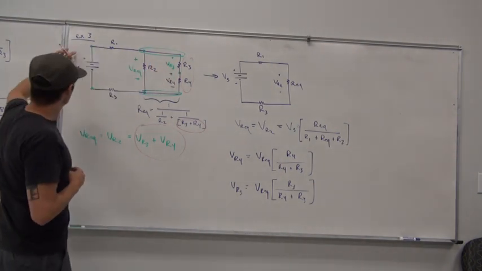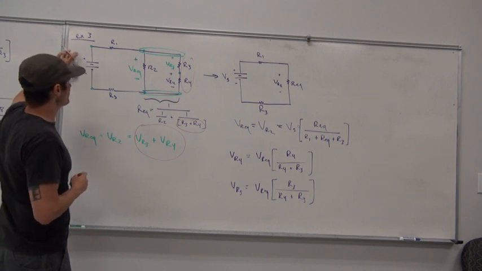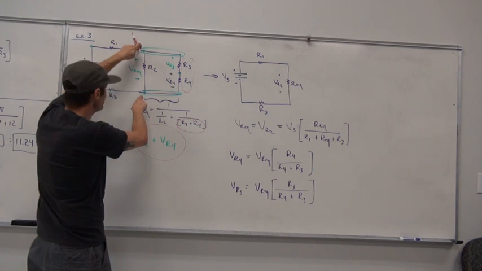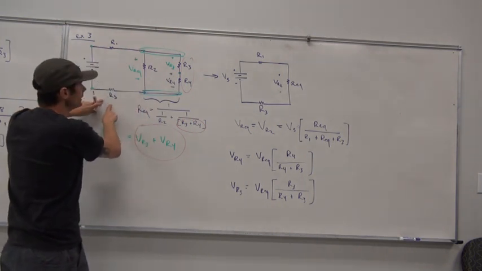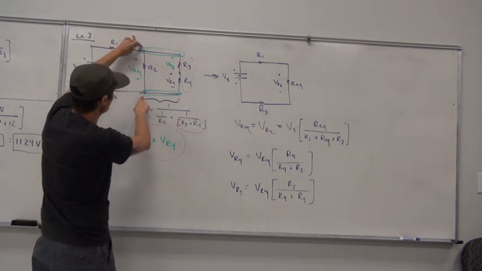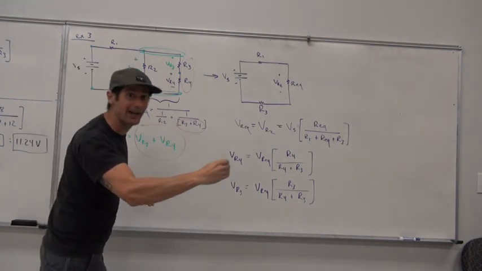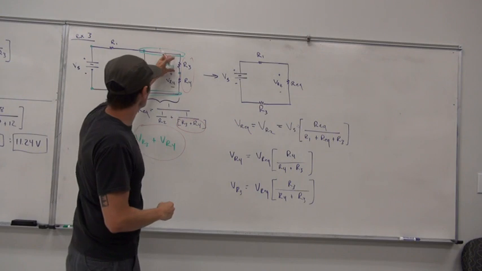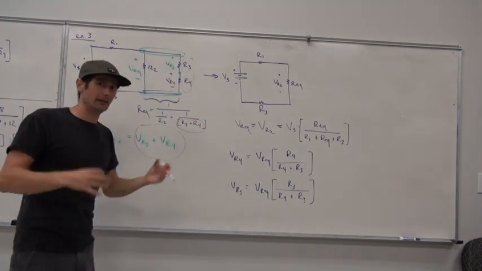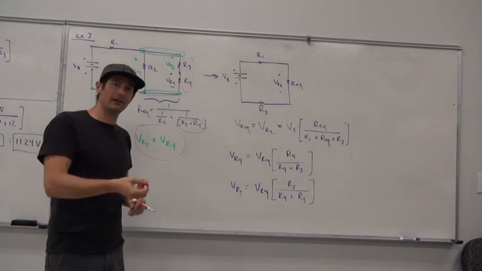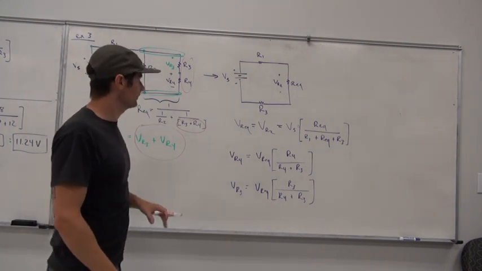So basically what happens here is that the voltage from the source divides between R1, this equivalence between these two points, and also R3. But then this voltage that's found between these two points here then divides again between R3 and R4. So voltage divides not once, but twice.